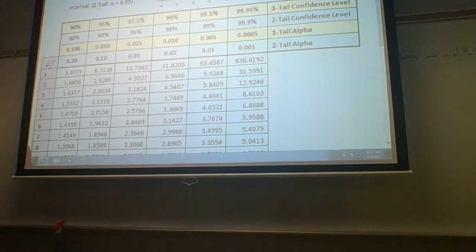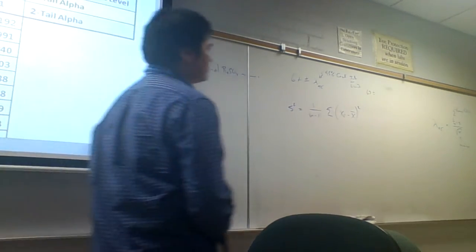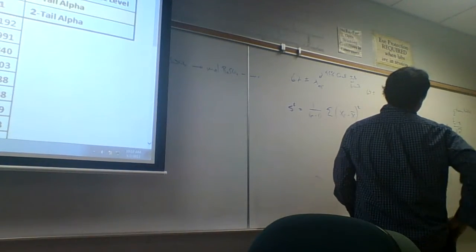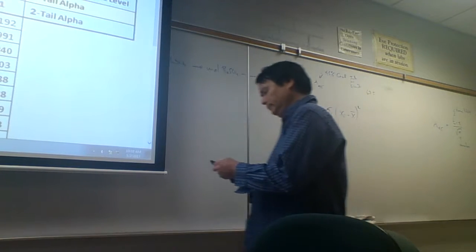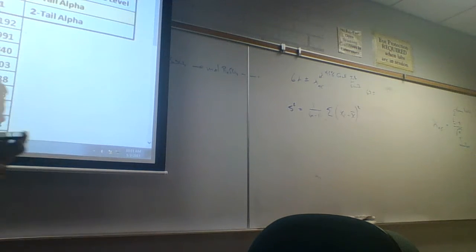So can you redo your calculations and then tell me what you get? 4.307 times 20 divided by square root of 3. 49.7.